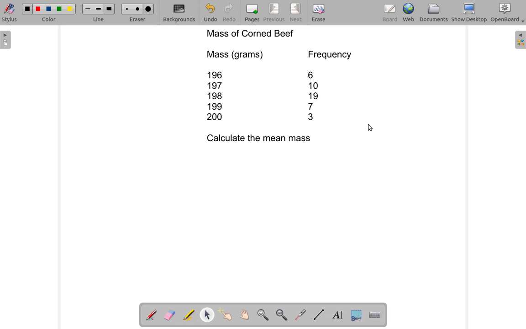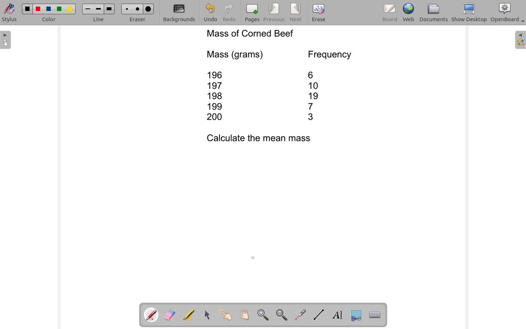Alright, you've calculated the mean mass. What did you get? Now, first of all, some persons might make the mistake of calculating the wrong things.